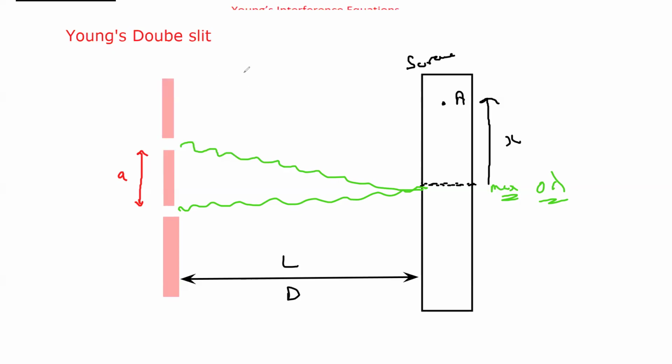The wavelength of the wave used is equal to A, the spacing between the slits, X, the distance from the central maxima to the point where we are observing the pattern. It can be maxima or minima, but usually we observe the same pattern, maxima to maxima, and D or L is the distance between the screen and the slits.